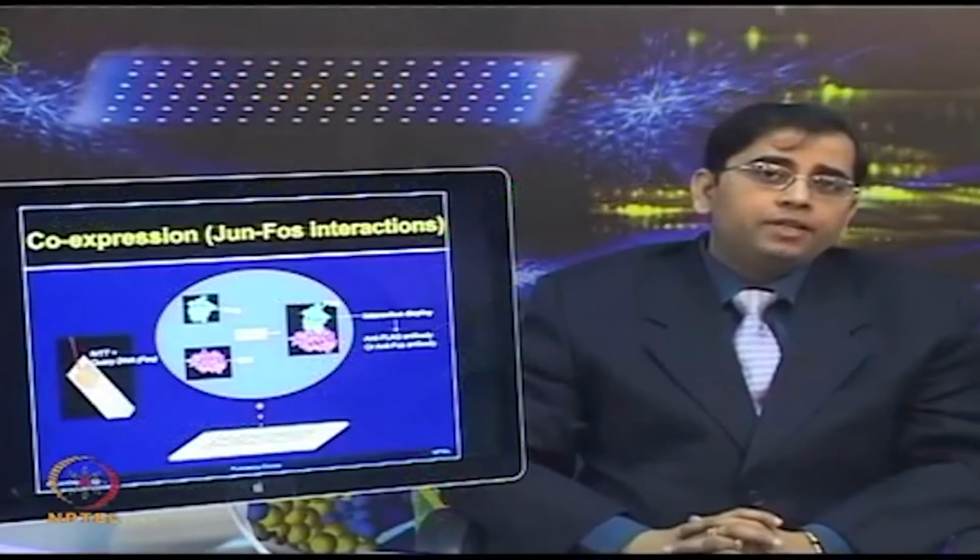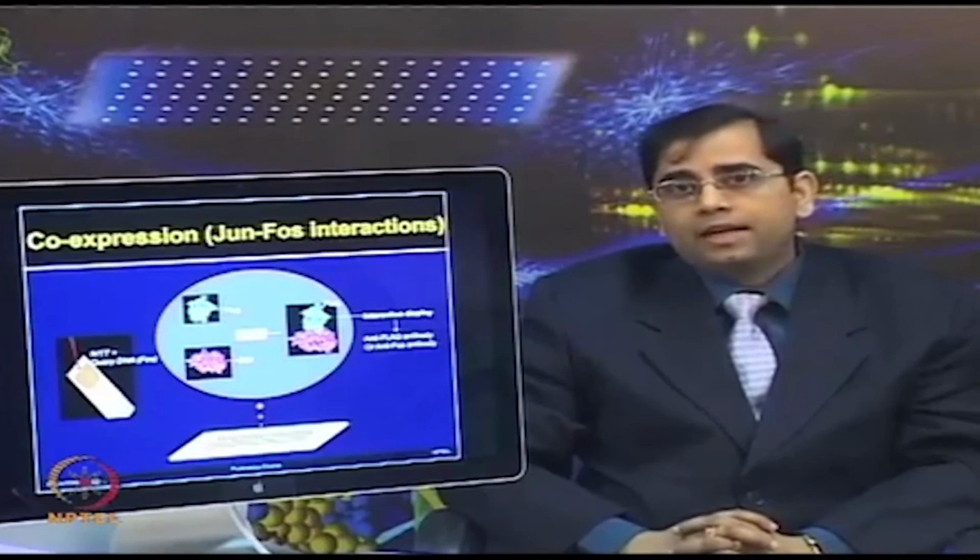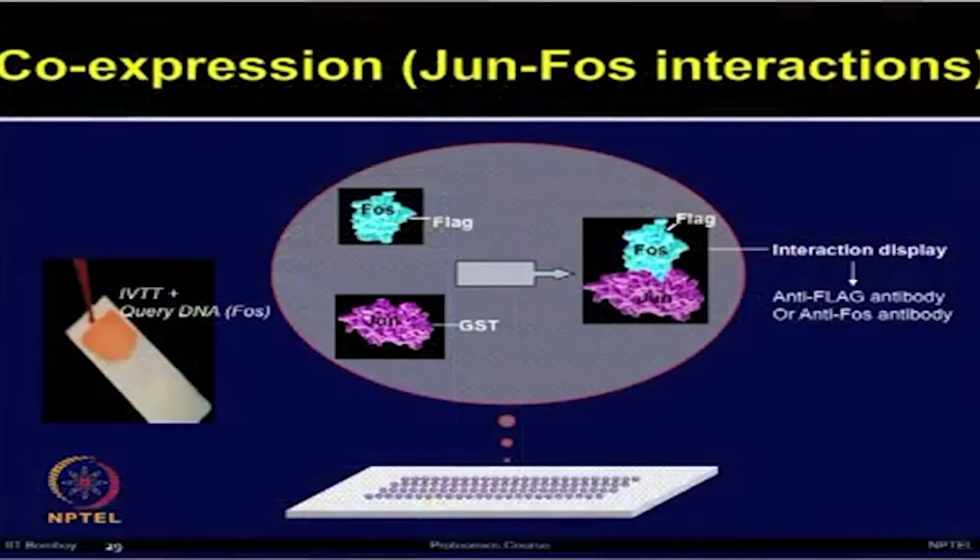In addition to showing that protein expression and protein interaction work, one thing which is interesting from this study is that co-expression can be performed. For example, there is not even a need to purify the protein which is used as a query protein. If you have a protein microarray, features are printed on the chip and the contents generated by using a cell-free expression based system.